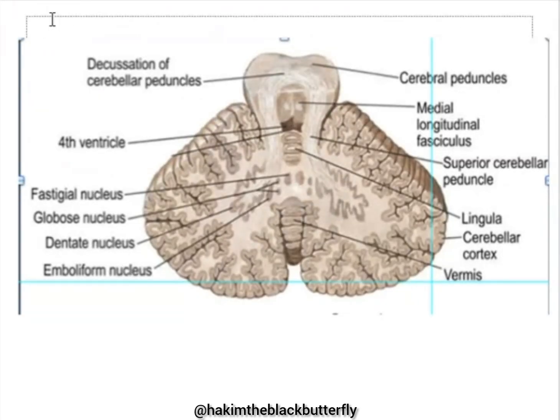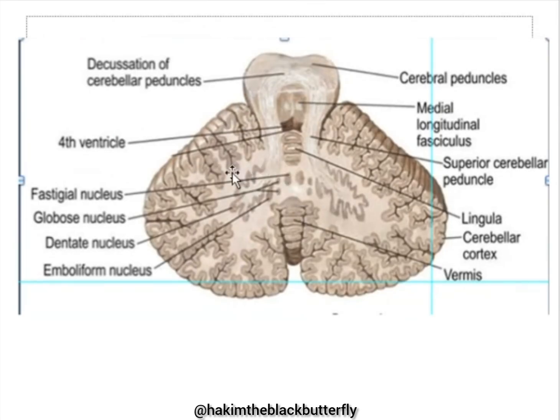We shall see how they interconnect with other parts of the brain and the pathways within which they are involved. So outer cortex, inner medulla, which is made up of white matter, and distributed within the inner medulla are the cerebellar nuclei.